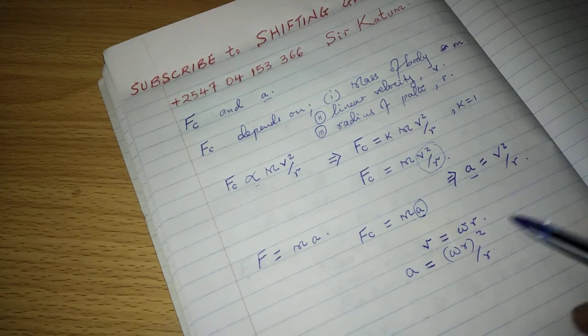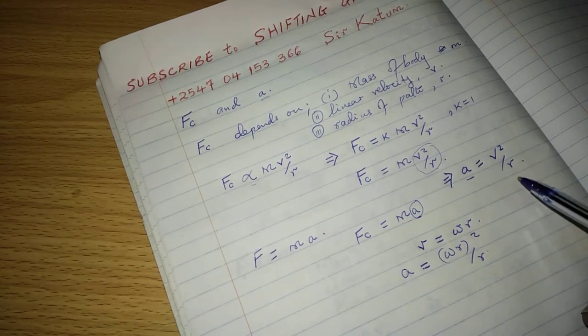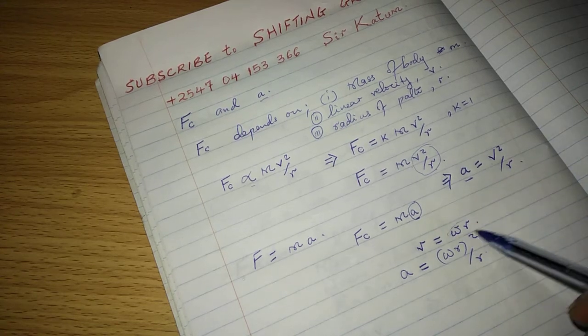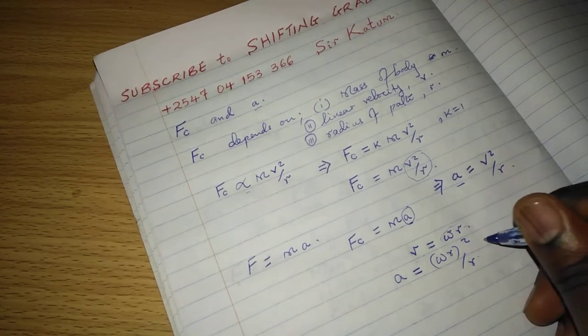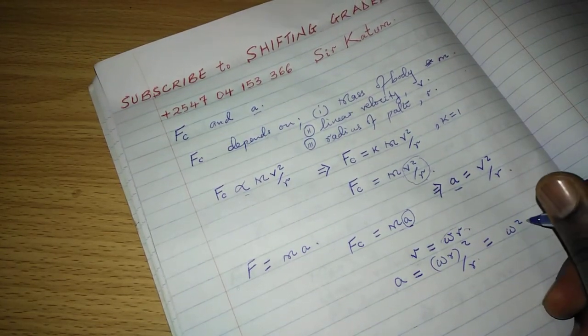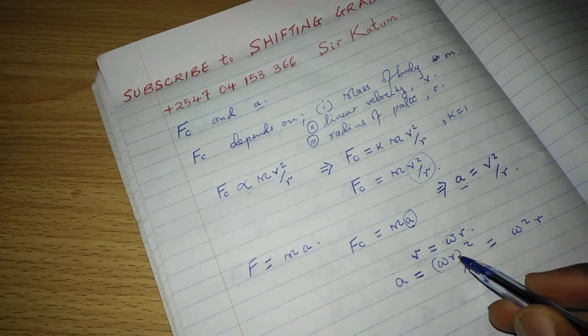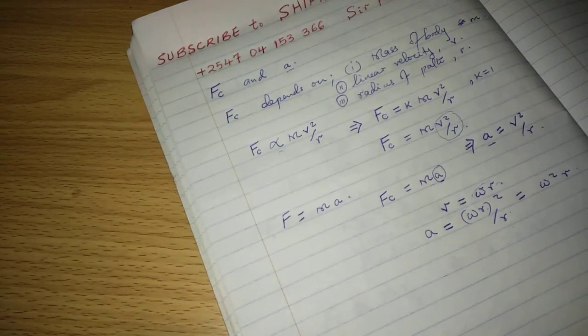So instead of saying acceleration equals v squared over r, we have omega r squared over r. So acceleration is equal to omega squared multiplied by r, since one r, when it becomes squared, will cancel with the r in the denominator.